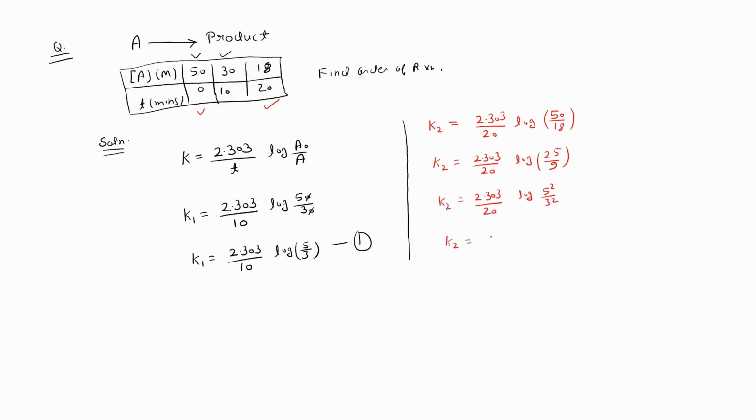Now K2 is 2.303 by 20 log 5 by 3 whole square. This square came out from the log. So K2 is equal to 2.303 by 20 multiplied by 2 log 5 by 3, divided by 2. So this comes out to 2.303 by 10 log 5 by 3. This is equation 2.